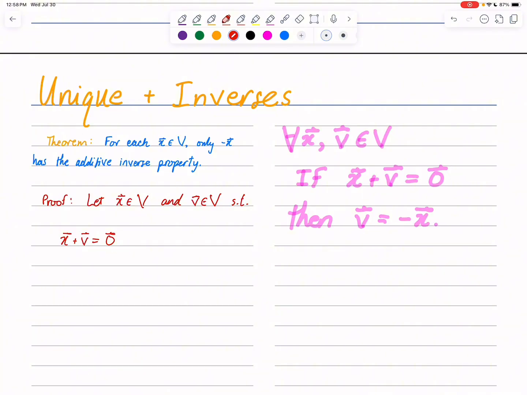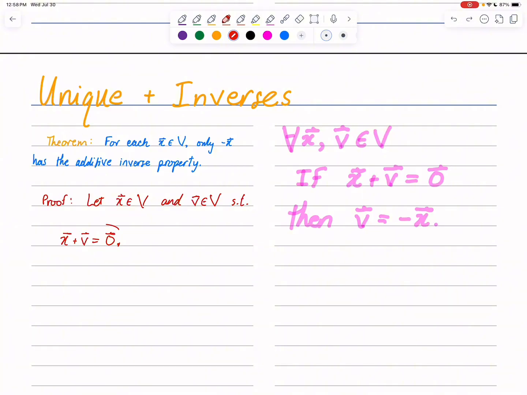So of course we initially think about it just as a matter of proof strategy. We're just going to let these things exist. Now, what are we going to do with them? Again, it seems like a good idea to try to get v and, in this case, the additive inverse of x together in the same equation.